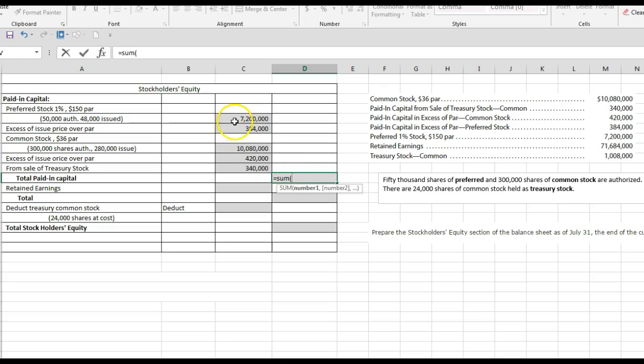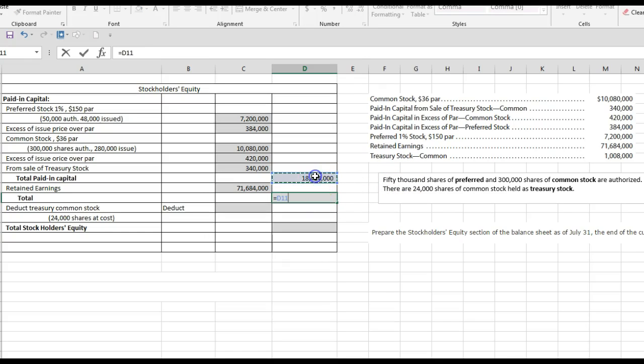So that is going to equal the total of this. So it's 18,424,000. Retained earnings from over here is 71,684,000. And that gets added to the 18 million.